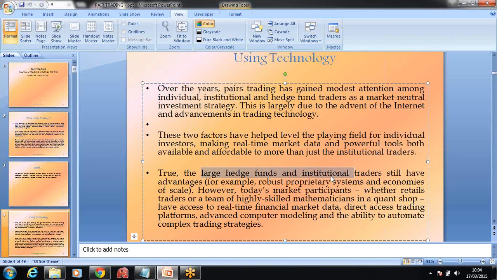Large hedge funds, institutional traders and mutual fund companies do have the resources, in terms of software, hardware and people. Now that is also available to a small trader. You can go to the NSE site to get the back tested or historical data for 10 or 15 years, very easily today.